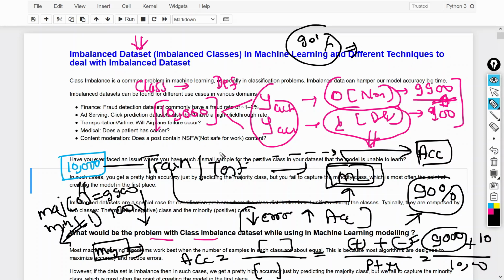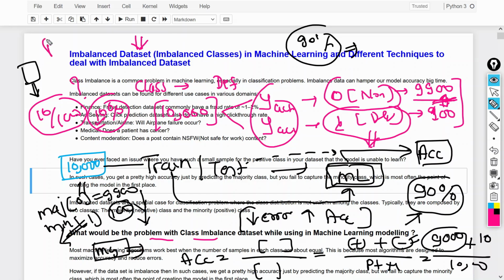But in actuality, we are creating our model to detect the defaulters. How many defaulters is my model able to detect? 10 out of 100. So is it good? I think no, because we get only a 10% detection rate. Out of 100, my model is able to detect only 10 positive classes correctly.